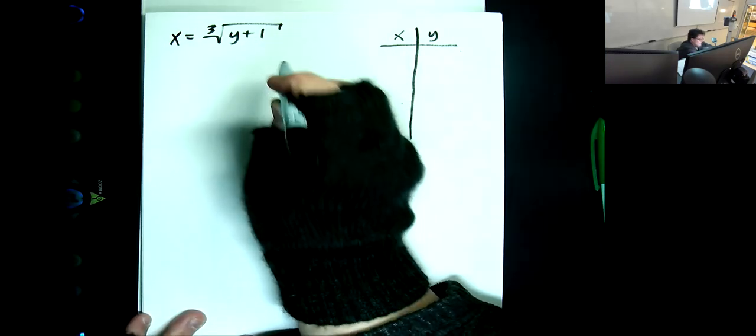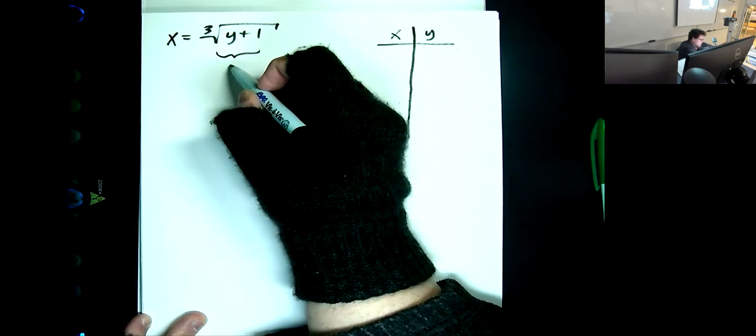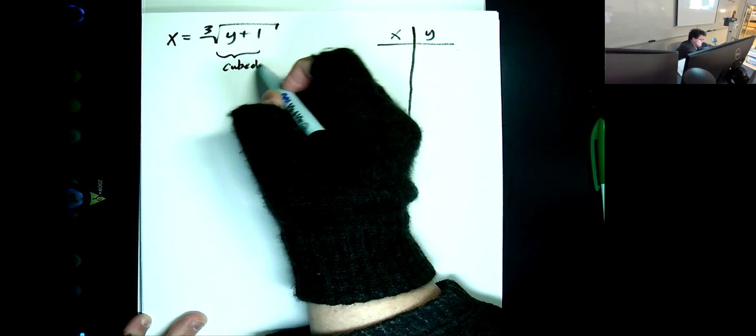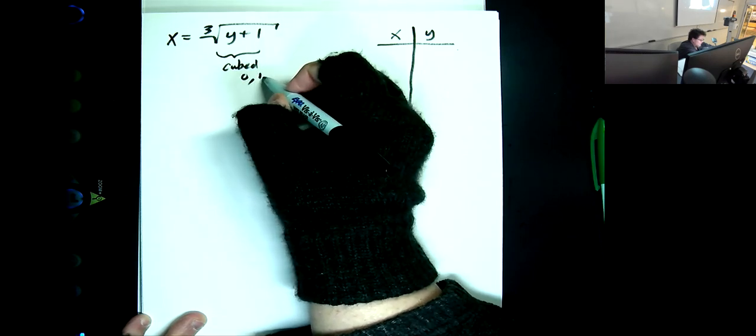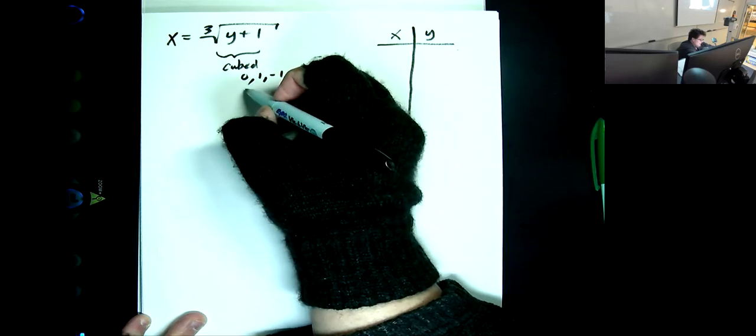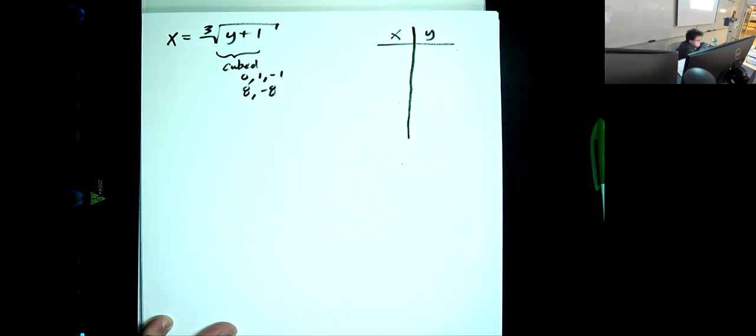If I want something that doesn't look bad though, I want this to end up being a cubed value, like 0, 1 and -1, maybe 8 and -8. Because then I can take the cube root and get the left side pretty quickly.